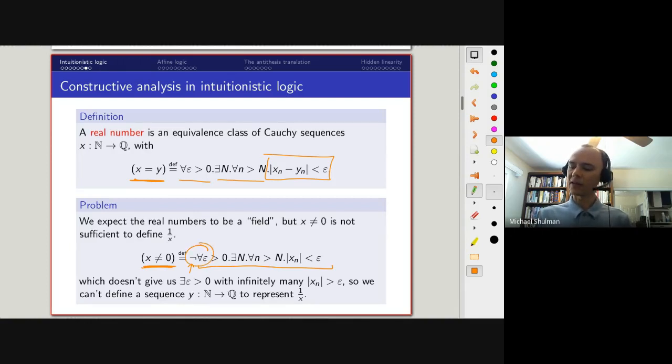But for all and not don't commute with quantifiers the way they do in classical logic. So that doesn't let us conclude that there exists some fixed epsilon that bounds it away from zero, so that we can find infinitely many terms of x that are that far away and then invert them to make an inverse Cauchy sequence. So x might be non-zero in this sense constructively without being able to find an inverse to it.